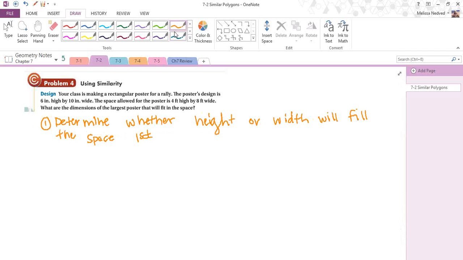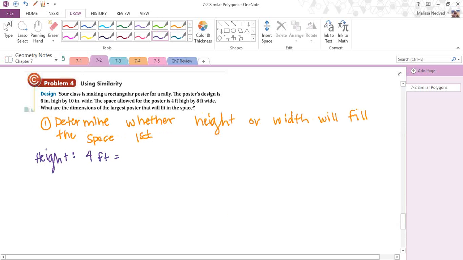Okay, so this is going to be a check for both. Start by checking the height. The height of our poster is 4 feet, but since we're working in inches with our original design, we want to convert that to inches. So 4 feet multiplied by 12 is 48 inches.